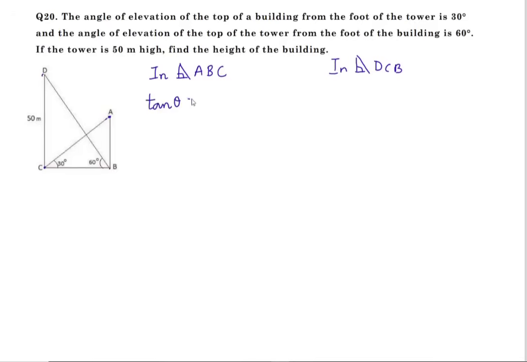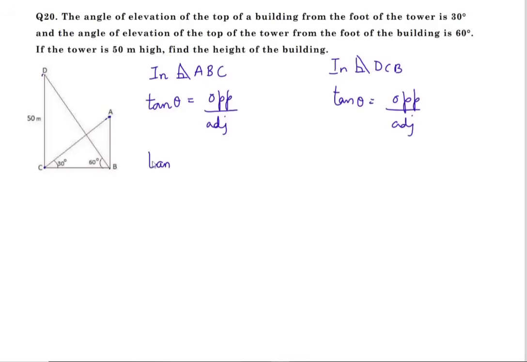Tan theta is opposite by adjacent. Find out the right angle triangles in the figure. For that, write the tan ratio. What is tan ratio? Opposite by adjacent.